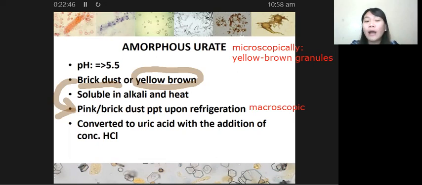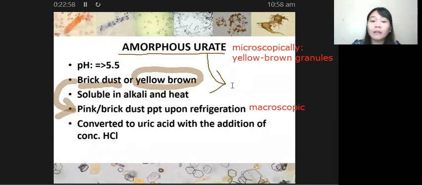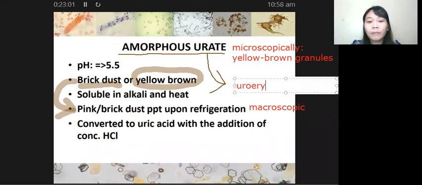So take note, what is the pigment which has a high affinity to your amorphous urate? Very good. We have the pigment uroerythrin.